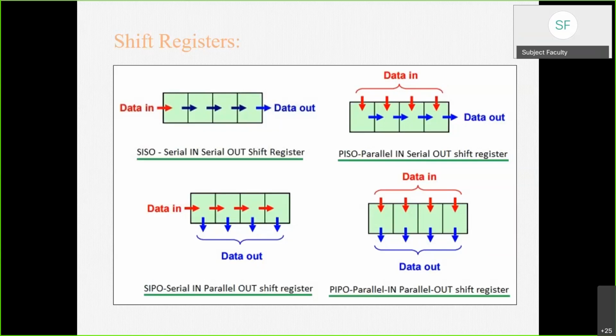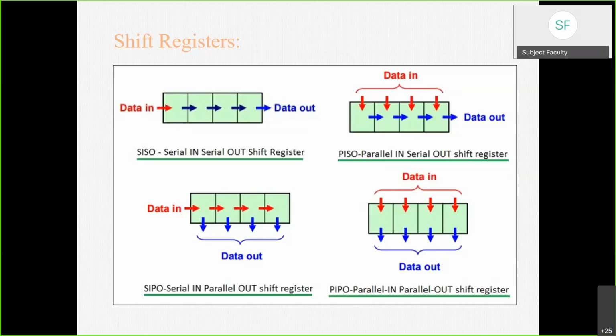Again, I'm highlighting this point: what is the difference between serial configuration and parallel configuration? When you are giving your input or output serially, that means you are giving one bit at a time. So if your sequence is 1010, then 1 will be shifted first, and then 0, then 1, and then 0. The input will be only 1.